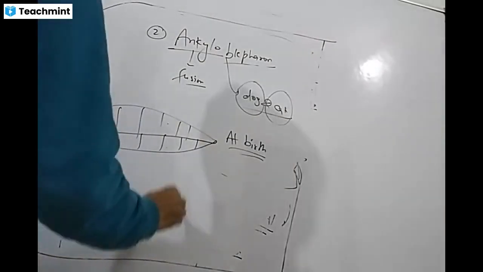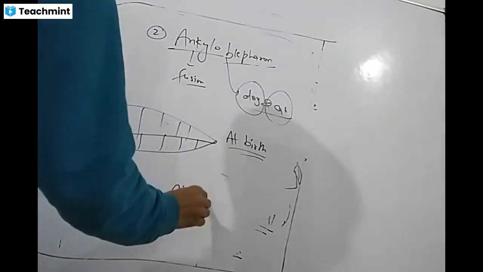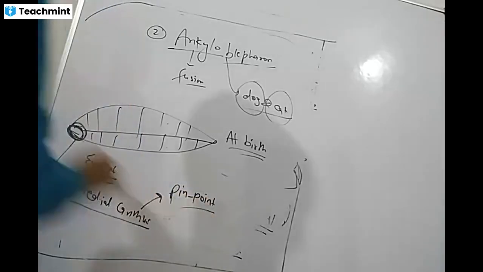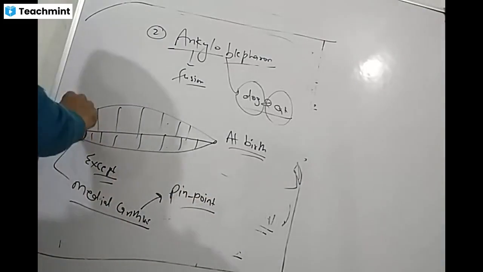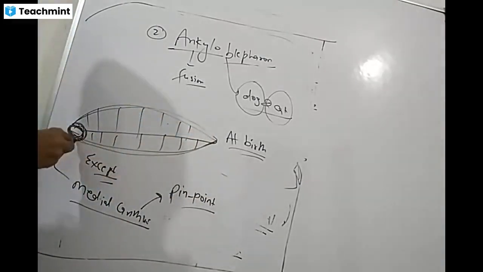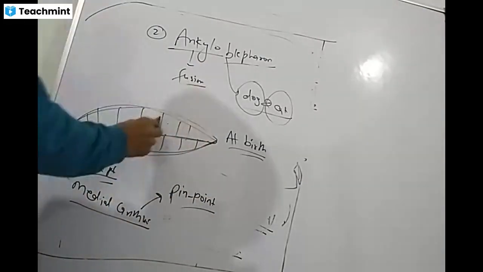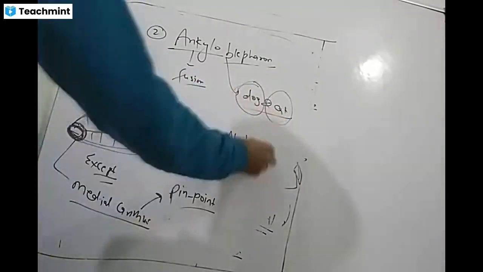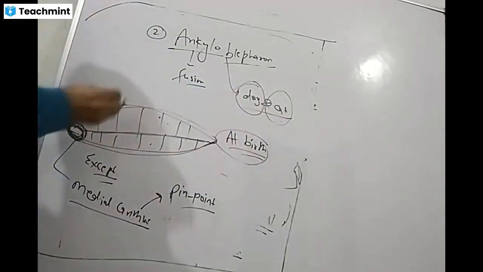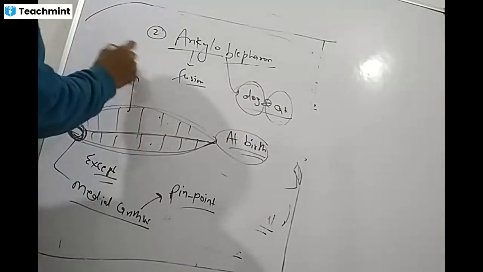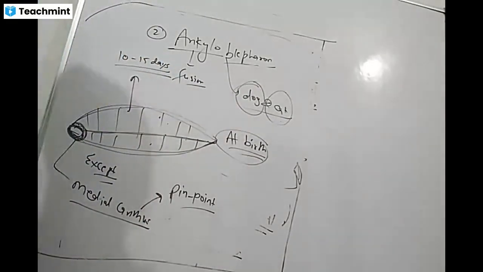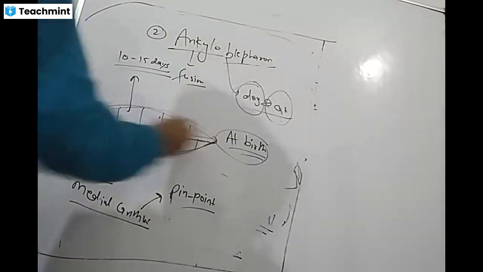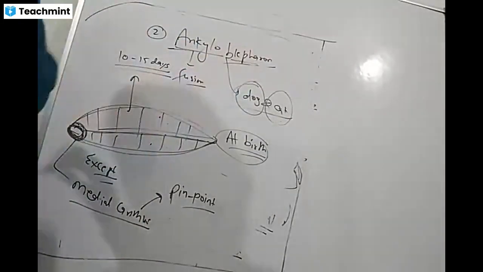There is one pinpoint opening at the medial canthus. Except this medial pinpoint opening, the whole area, both eyelids are fused in dog and cat at birth. They will open in 10 to 15 days. So this is ankyloblepharon.